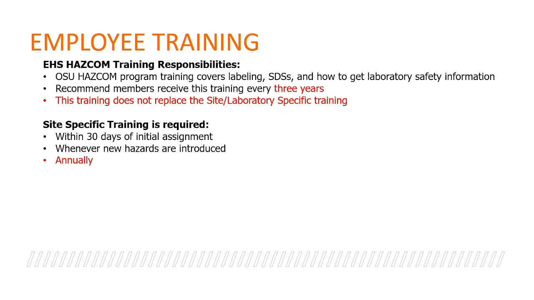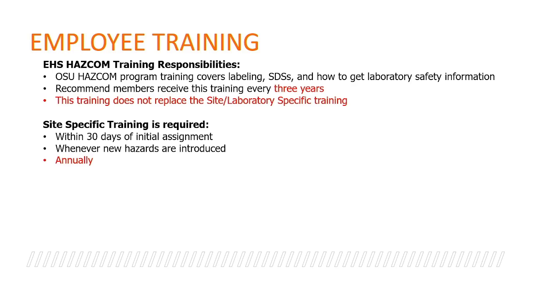Okay, that all falls underneath which part? Your site-specific training. So in the laboratories, or in your workshop areas, make sure that you are keeping up with your site-specific training, and that's going to cover the type of chemicals that your employees will be working with in that place of employment.